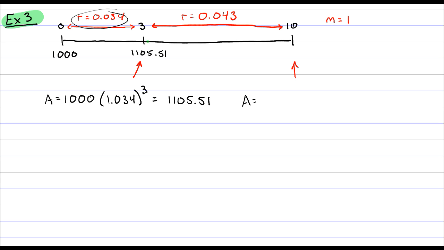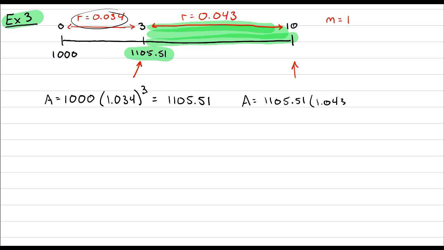For this second part of the problem, I am only interested in this time period. So, the amount invested for that second stretch of time would be the $1,105.51. So that is my new P, 1105.51. The interest rate on the second account is 0.043.